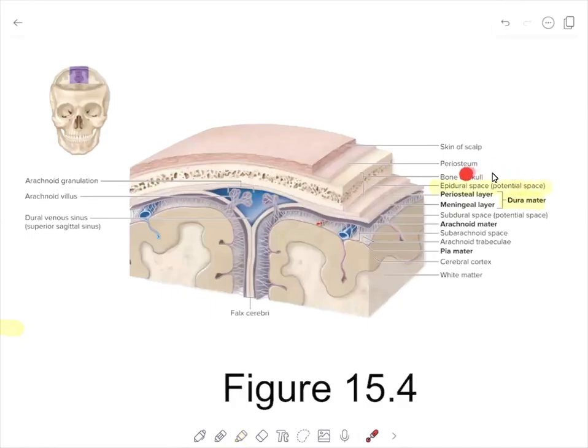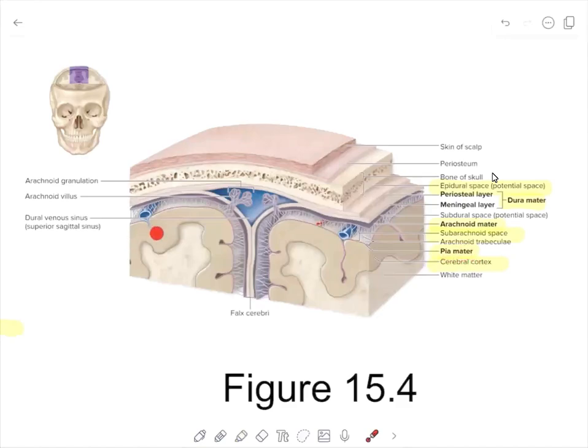So when they administer an epidural medication, they put a needle into the epidural space, which is on top of the dura mater in the spinal cord region. The middle layer is the arachnoid mater. Directly underneath that is the subarachnoid space. And then the deepest meninge, directly on top of the cerebral cortex, is the pia mater.